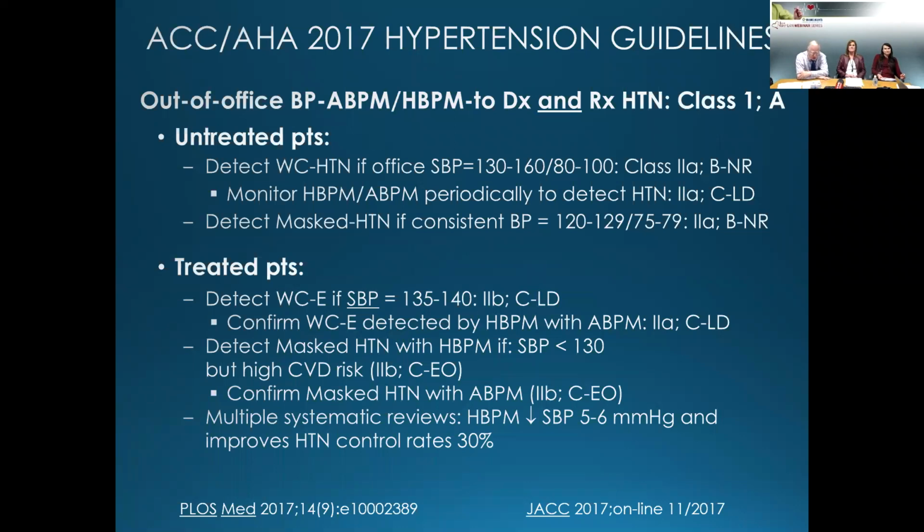But the new ACC/AHA guideline goes a step further than other guidelines. It also recommends that we strongly consider out-of-office blood pressure measurement to both detect and treat masked hypertension, where out-of-office blood pressure is consistently higher than office blood pressure in patients whose office systolic blood pressure is 120 to 129 millimeters of mercury, further increasing the need for accurate home blood pressure measurement.